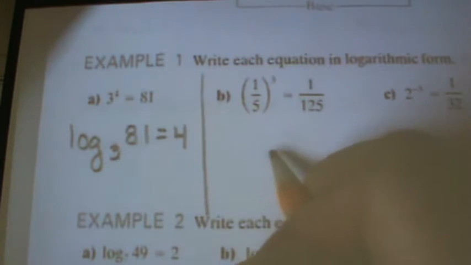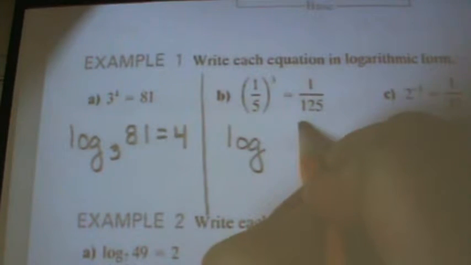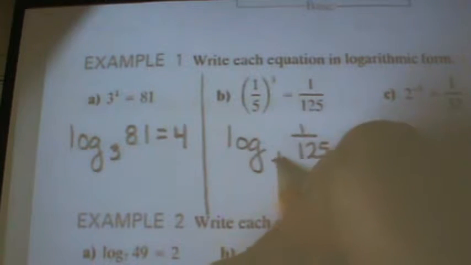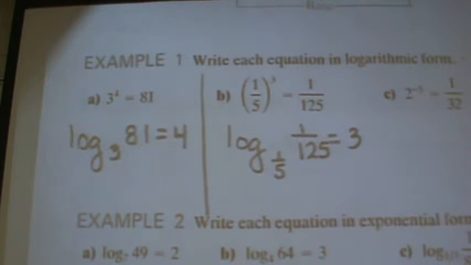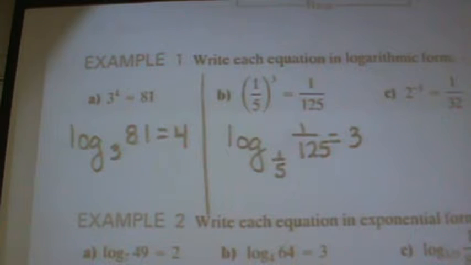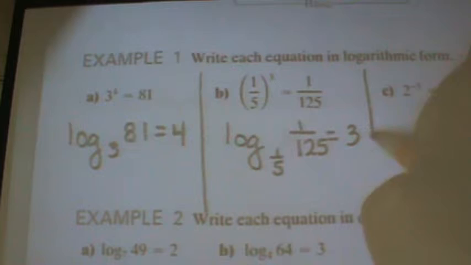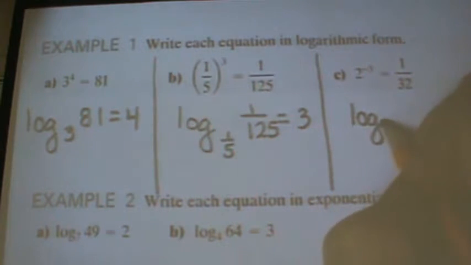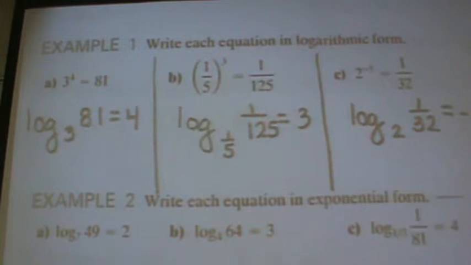Next one: log of 1 over 125 base 1/5 is equal to 3. And the last one: log of 1 over 32 base 2 equals -5.